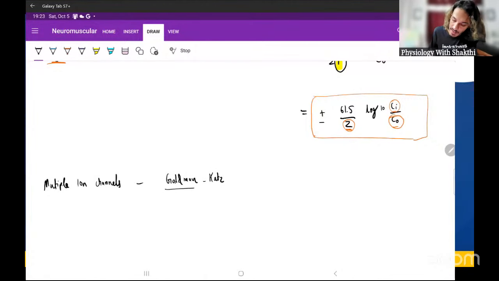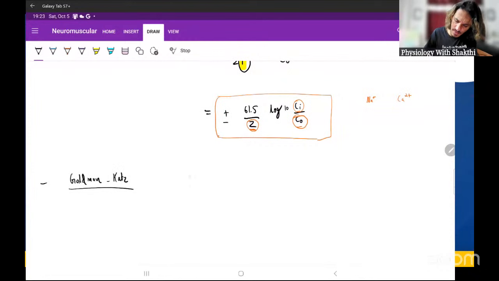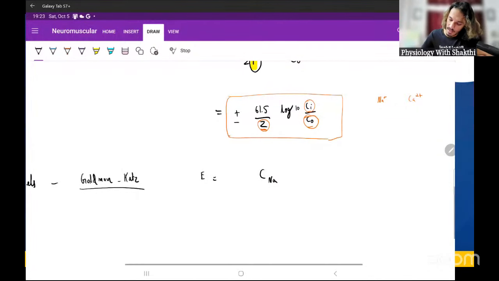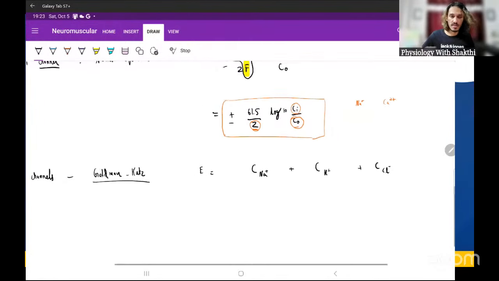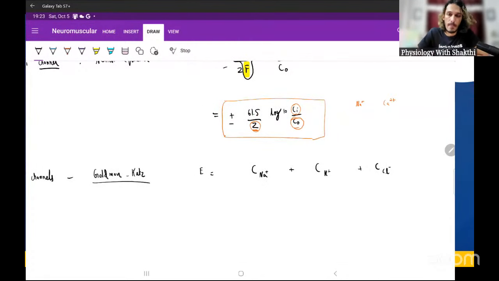Okay. So here it's going to be something similar, where equilibrium potential equals concentration of a substance like sodium plus concentration of a substance like potassium plus concentration of a substance like chloride. These are the major contributors for your ions actually.